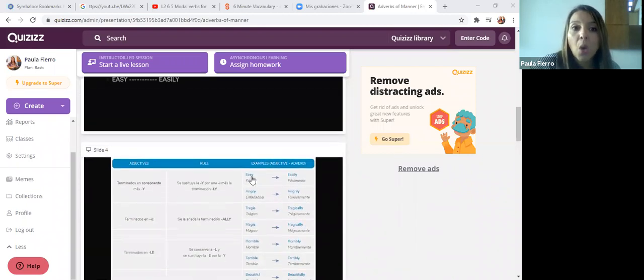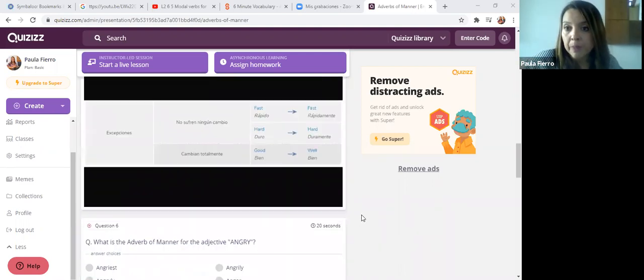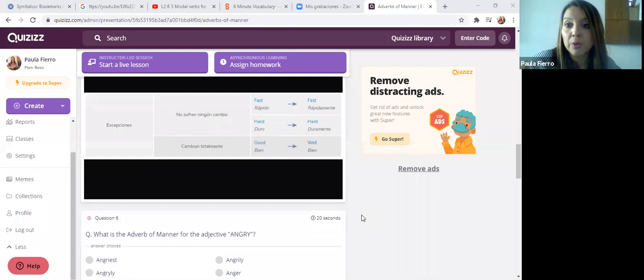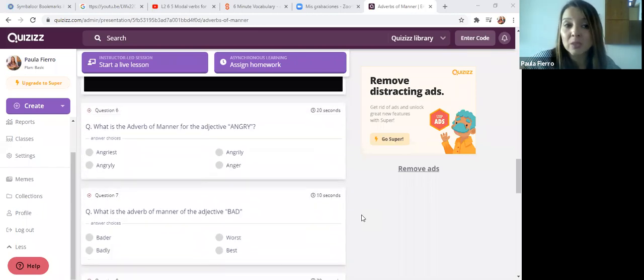You have here charts with the adjective, the rule, the example, and how to turn these adjectives into an adverb according to the activity that they would like to describe. This could be very important for them to know, to check, to analyze, and to keep in mind before working on their recipe. And finally, you have a short test. That's why the application is called Quizzes.